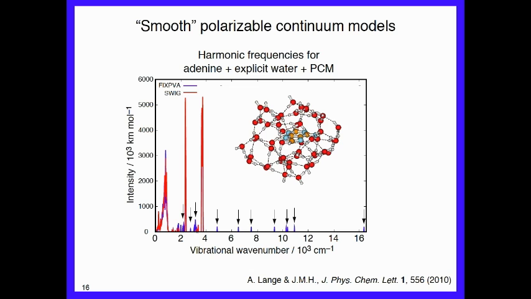Okay. Another potential artifact of having discontinuities on your potential energy surface: if one wants to do vibrational frequency calculations with a continuum solvent, right now only analytic first derivatives are available.